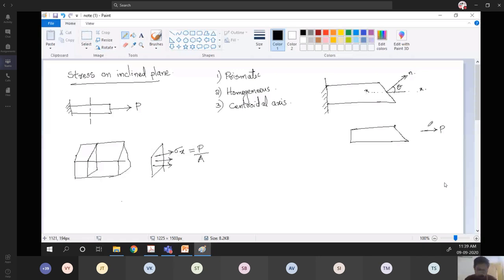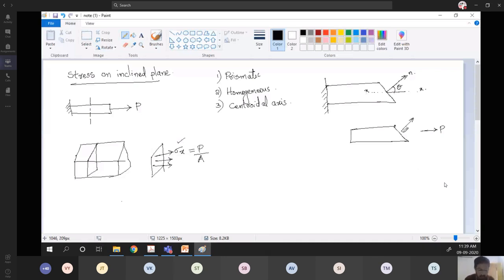For the cross section perpendicular to the load, we define stress perpendicular to the cross section, so we got sigma x. Similarly, here we can resolve these forces along the surface as well as perpendicular to the surface.